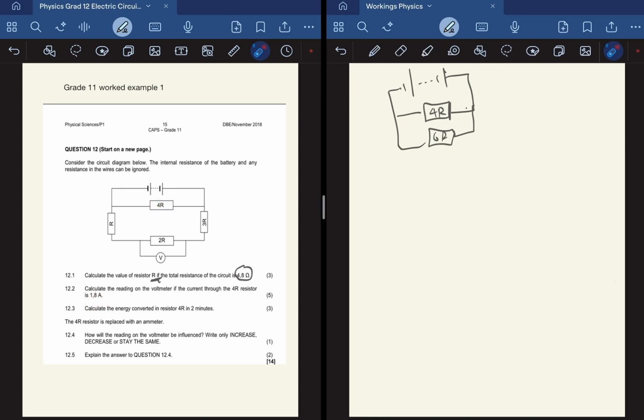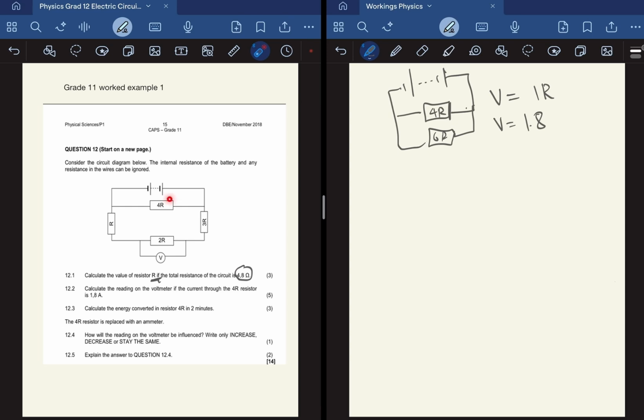And so you use Ohm's law to find the voltage. Your equation is V is equal to IR. You are looking for the voltage, and you are told that your current is 1.8 amps. And then your resistance, it's 4R. Remember, we just calculated the value of R, which was 2.